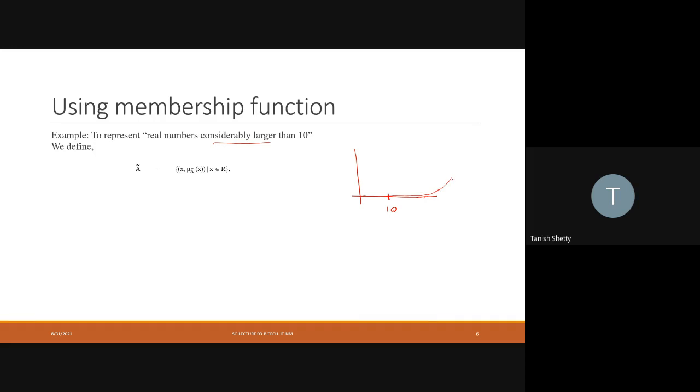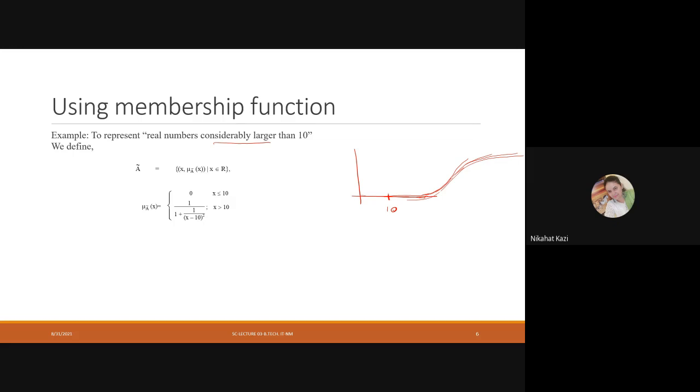So even at the start, you could say it's much larger than 10. Something like that, and it will keep on increasing. So it is some kind of graph like this, an increasing, exponential graph.